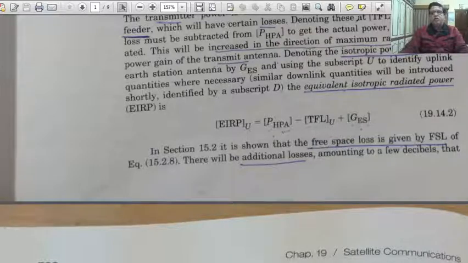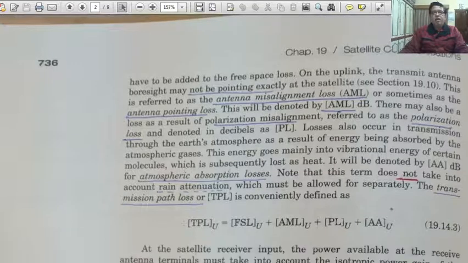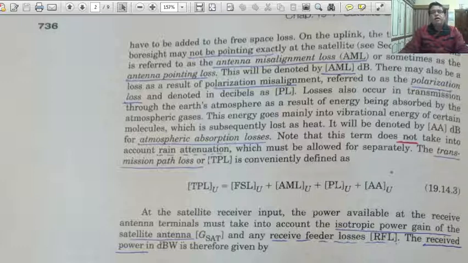In section 15.2, it is shown that the free space loss is given by FSL, equation 15.28. You can understand more about this in section 15.2. There will be additional losses amounting to a few decibels that have to be added to the free space loss.